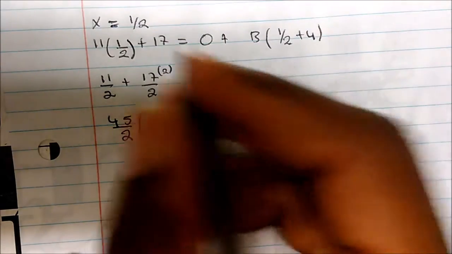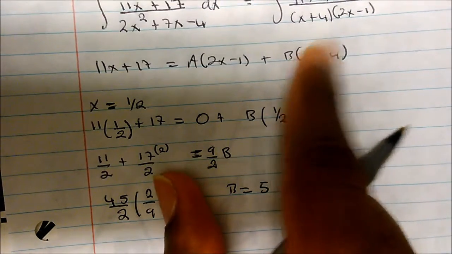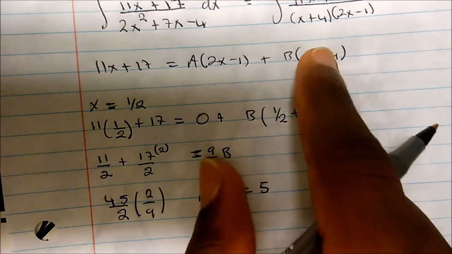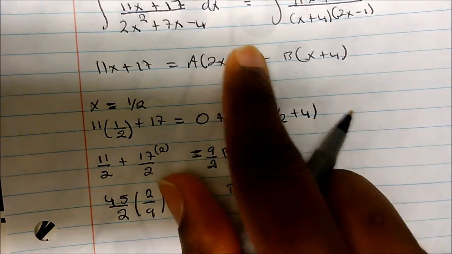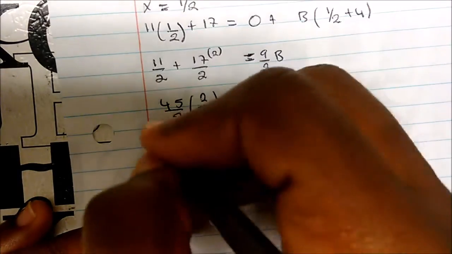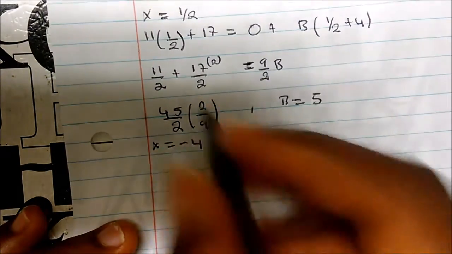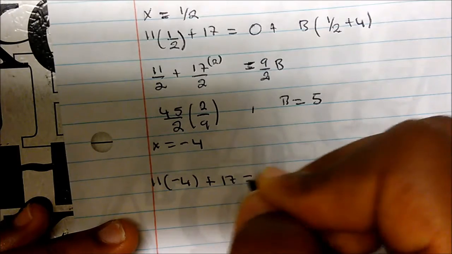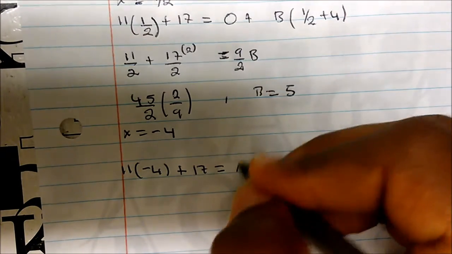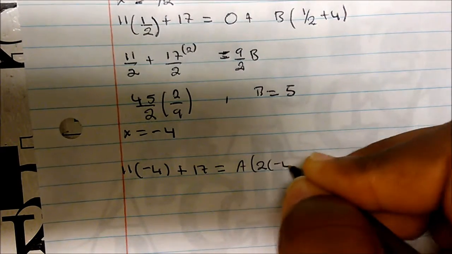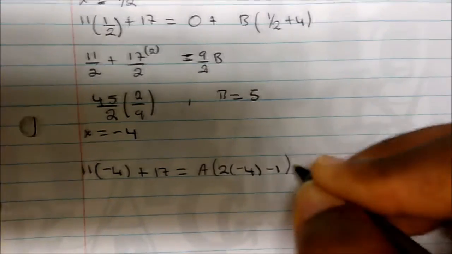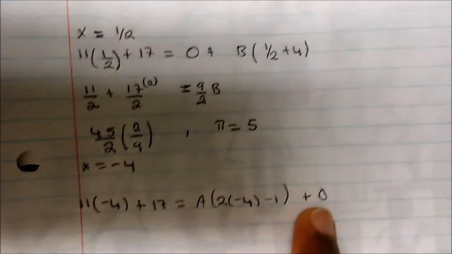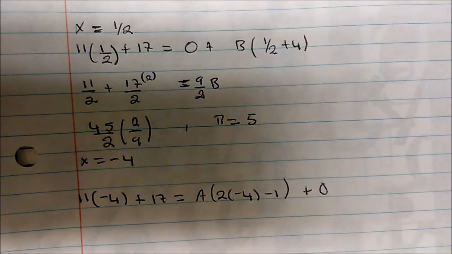And so what is the next trick? If I set x to be -4, then I could get rid of b, to solve for a. Okay, and so if I set x to be -4, then this becomes 11 times -4 plus 17, and that is equal to a times 2 times -4 minus 1 plus 0. Okay, -4 plus 4 is 0. 0 times b is just 0.